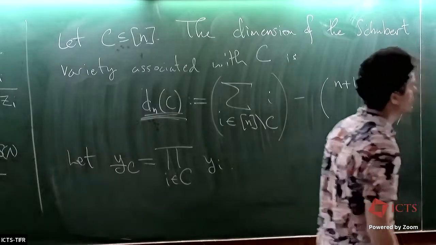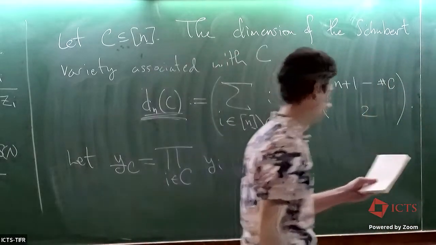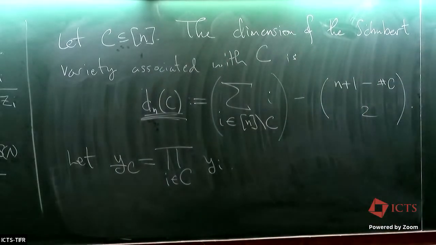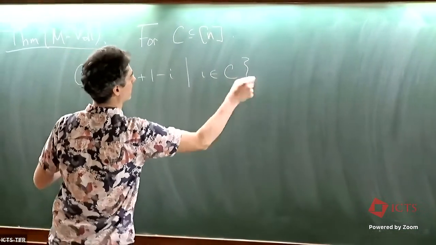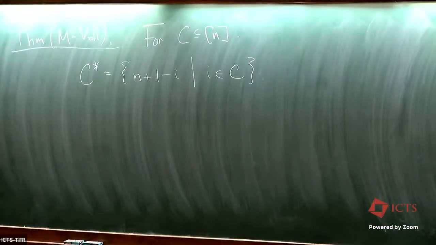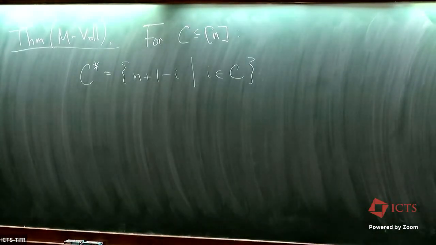I'm going to define an involution on subsets of n, and that will be n plus 1 minus i for all i in C. Same cardinality. I'm just sort of flipping the numbers in some sense.